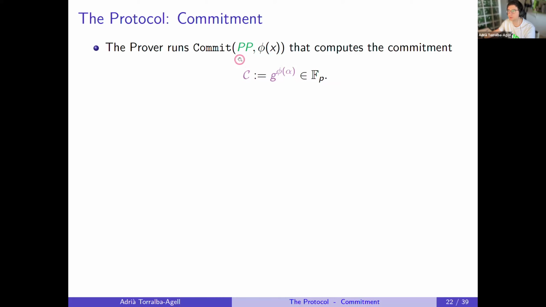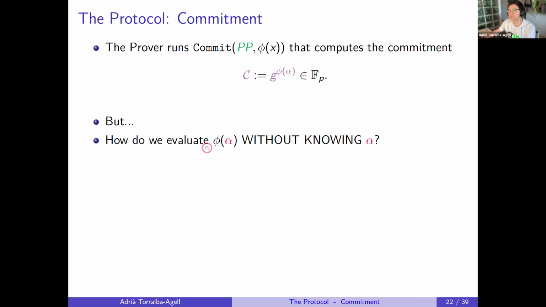That said, the article says, and now the question is, but how do I evaluate phi of alpha if we don't know alpha? Remember that alpha is only known by the trusted party. The prover and the verifier, they do not know alpha. They know G to the alpha, G to the alpha square, G to the alpha t, but they don't know alpha.